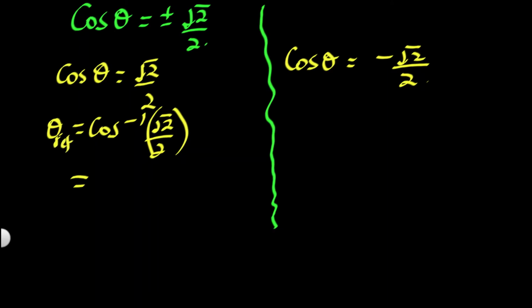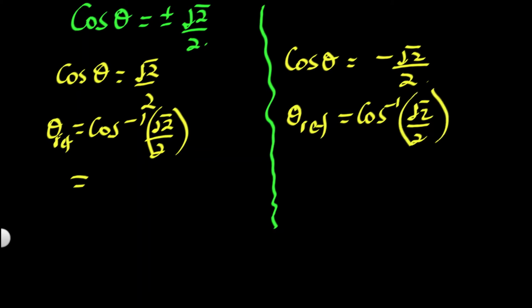I do the same on the right hand side. It means my theta ref is also equal to arc cos of root 2 over 2. I want to repeat this step: whenever you're looking for a reference angle, use a positive ratio here. Even though we have minus root 2 over 2, just use a positive one.